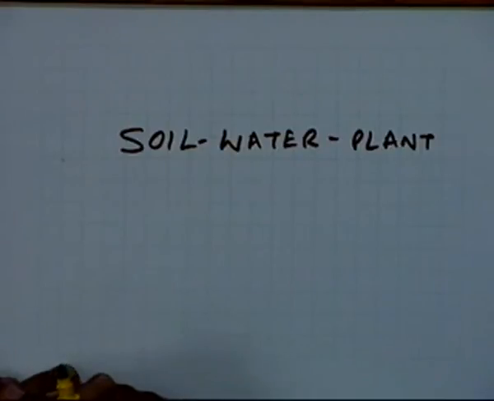In the last topic we have discussed various basic aspects of irrigation water management. When we talk of irrigation water management, we must start with the understanding of soil, water and plant relationship.